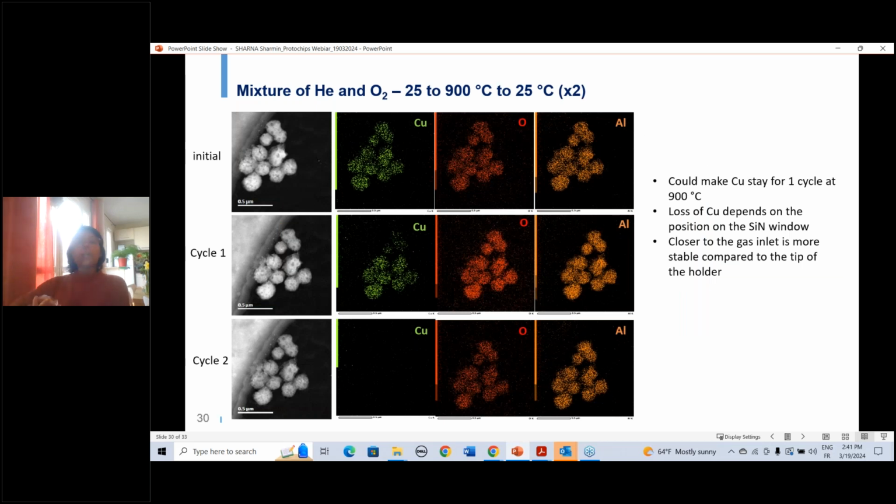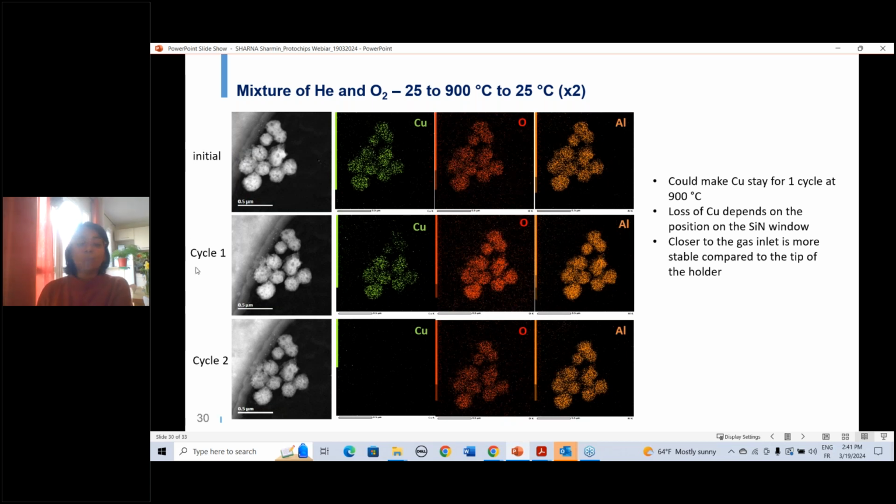So we decided to carry out an experiment using a mixture of helium and oxygen instead of argon. We went from 25 degrees Celsius to 900 degrees Celsius and back to 25 degrees Celsius 2 times. In the first cycle, this is the initial material, composed of homogeneously distributed copper inside alumina.